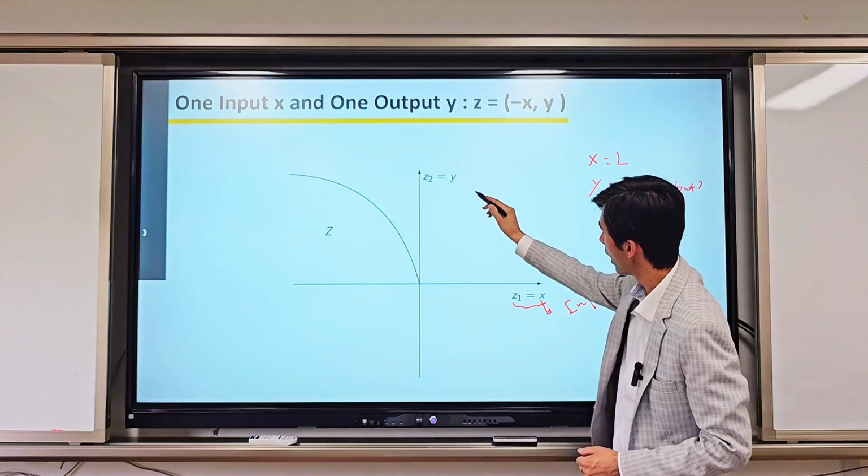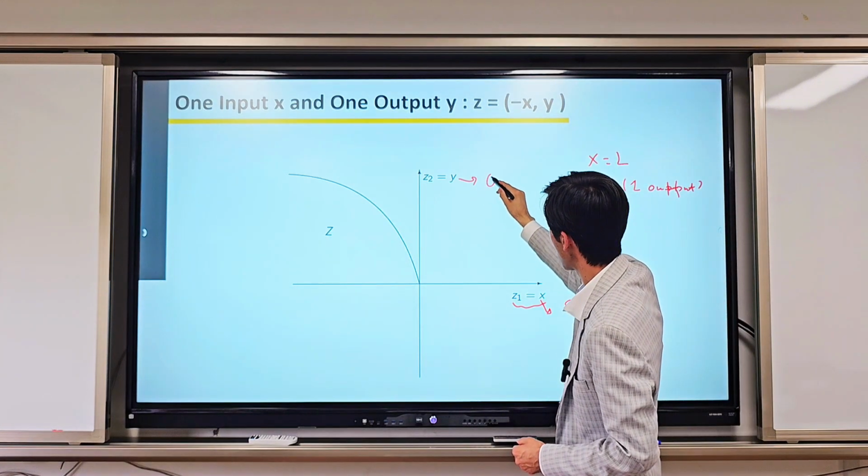This is input. And this Y, which is Z2, is output.